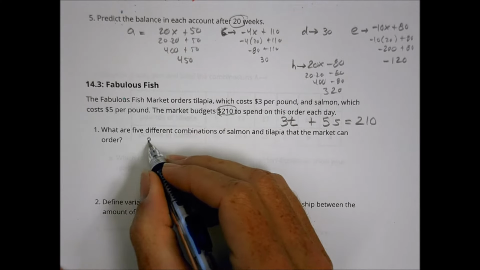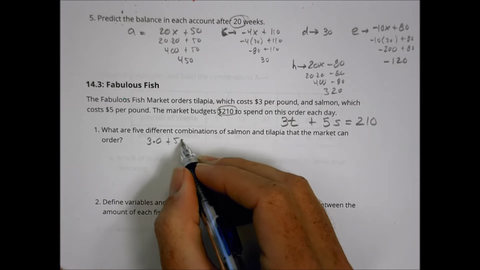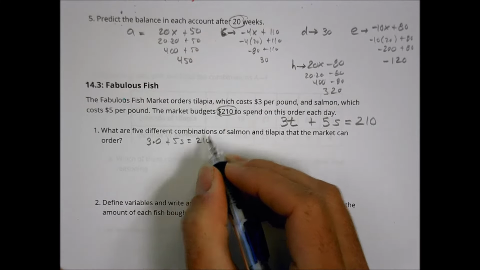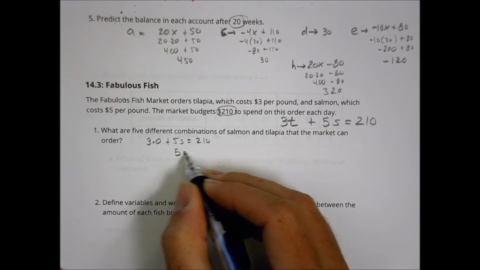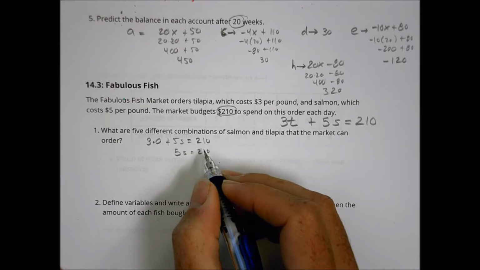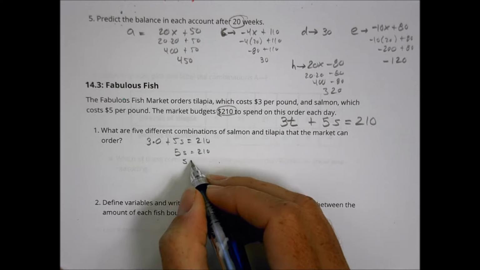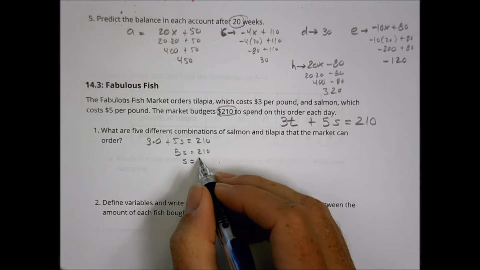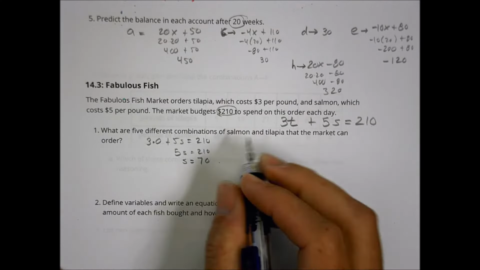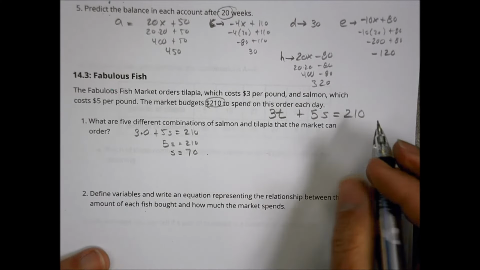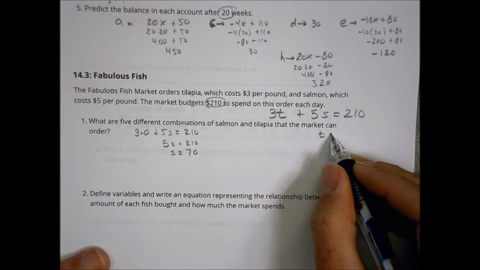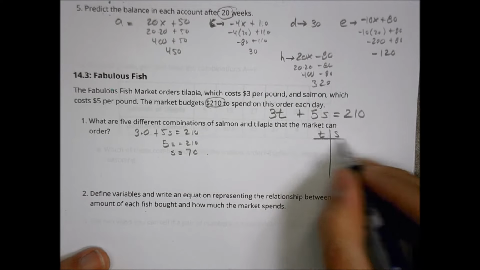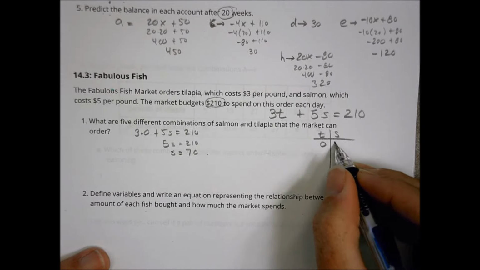So 3 times 0 plus 5s is going to equal 210. So that would be 5s equals 210, and 210 divided by 5 is going to be 70. So one thing I could order would be none of the tilapia and get 70 of those.